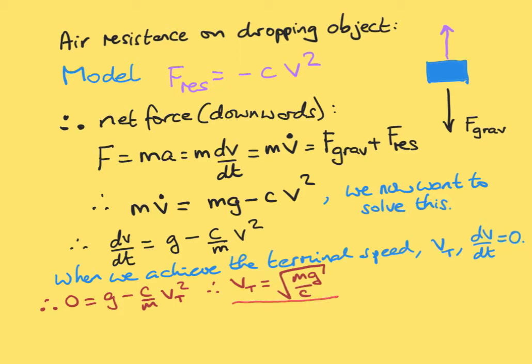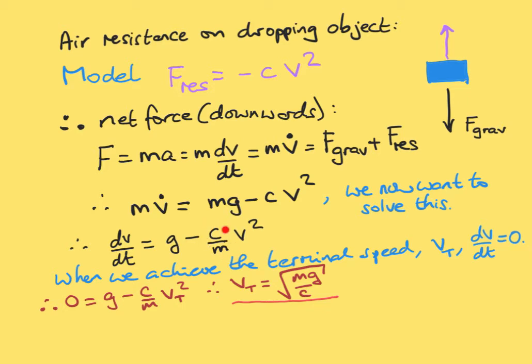So what I want to do now is to rewrite our equation for the acceleration in terms of the acceleration due to gravity and the effect from air resistance, but I want to rewrite this in terms of the terminal speed and the speed as a function of time.